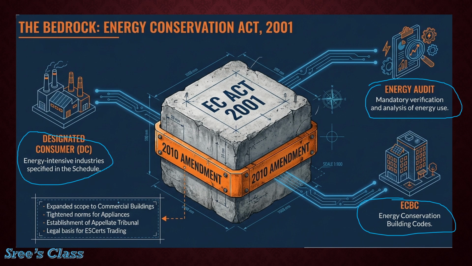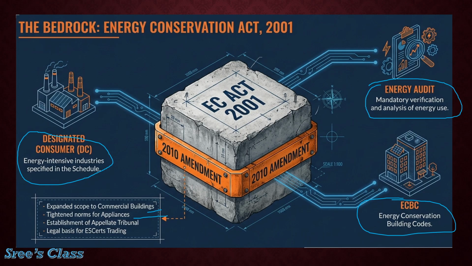So the EC Act was amended in 2010. The 2010 amendment includes some more scope. One is that the scope expanded to commercial buildings, and second is tightened norms for appliances. We will be discussing this entire thing during the Bureau of Energy Efficiency schemes.